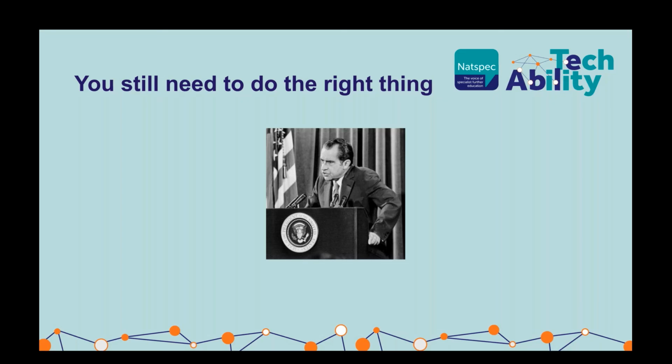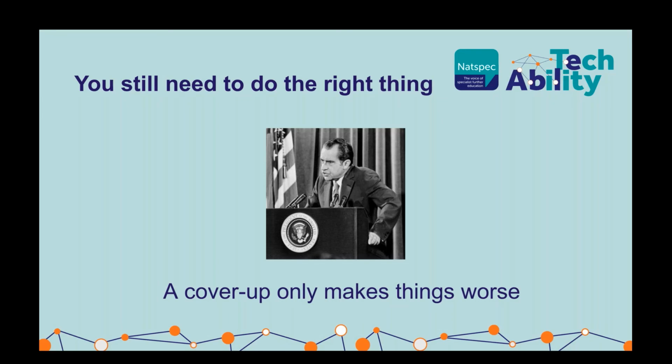His problem was not that he did something wrong, although that wasn't great. His problem was that he tried to cover it up afterwards. So we need to learn a lesson from his mistakes. If you experience a data breach or data breaches and you don't report them, and someone finds out later on and the ICO get to hear of it, that will be worse than you reporting the data breach.